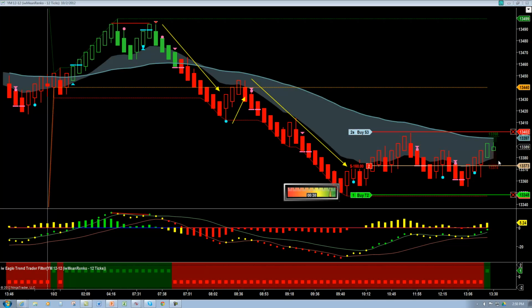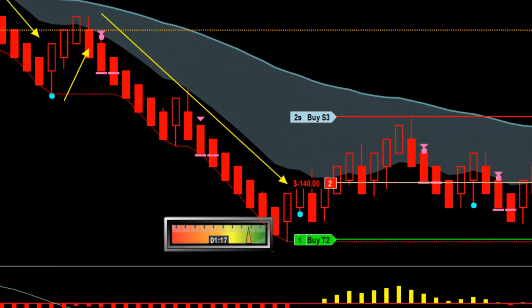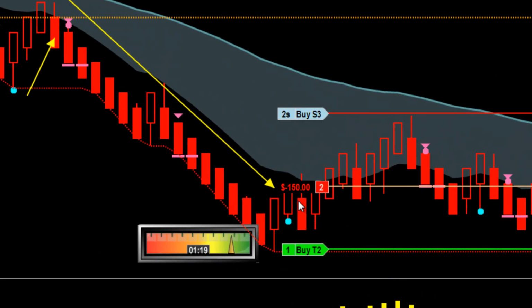The problem a lot of traders have is they don't like to be wrong. Well, unfortunately, with trading, you're not going to be right 100% of the time. What I'll see a lot of traders do, rather than just take their lumps like they're supposed to, is a little trick called averaging in. So right now, this trade's gone against me $150.